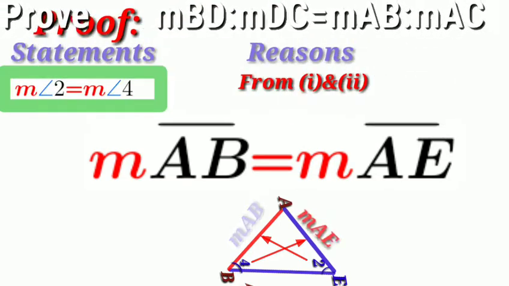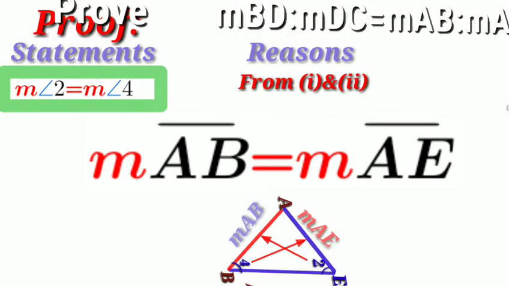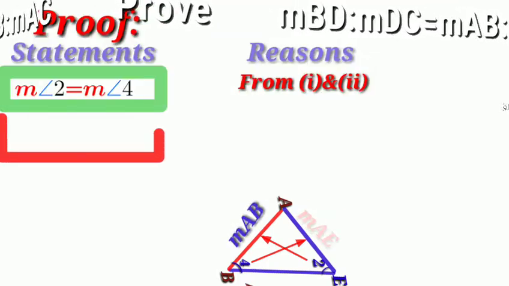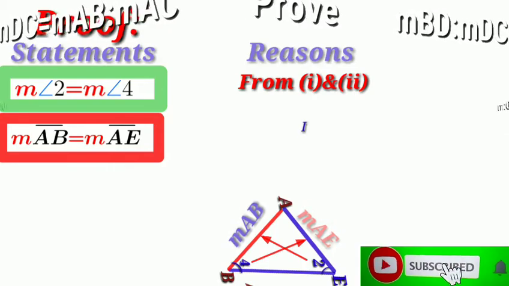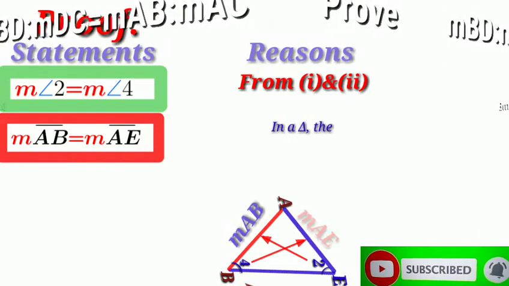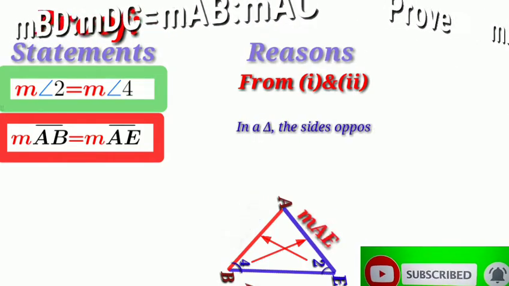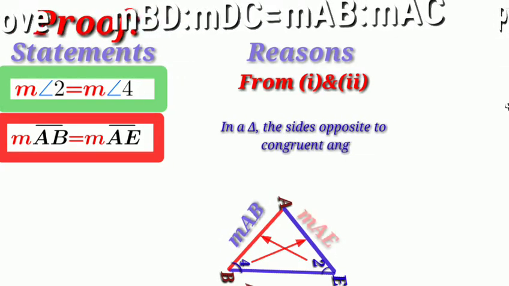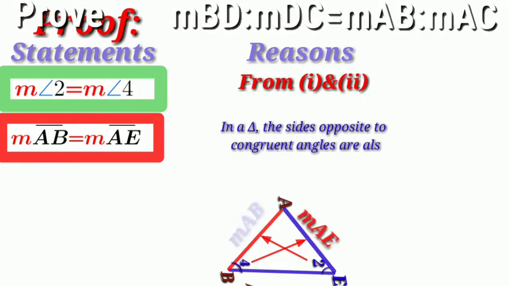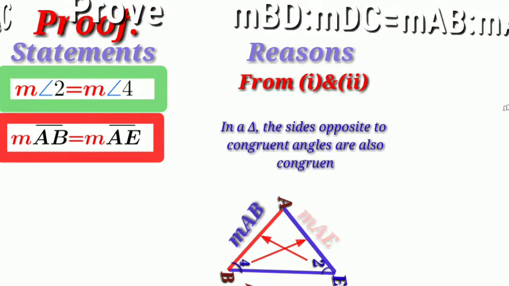We can also write this statement in these words: in a triangle, the sides opposite to the congruent angles are also congruent.